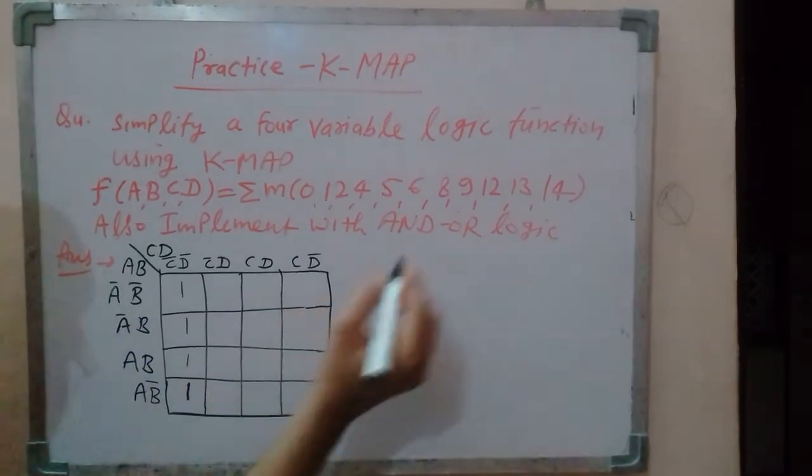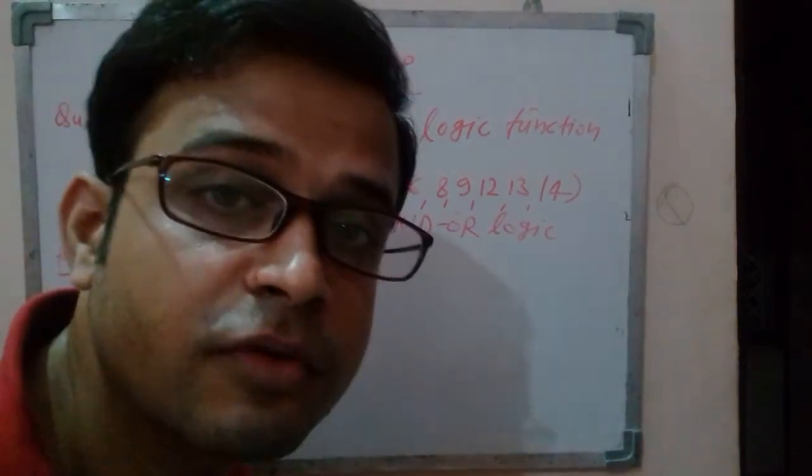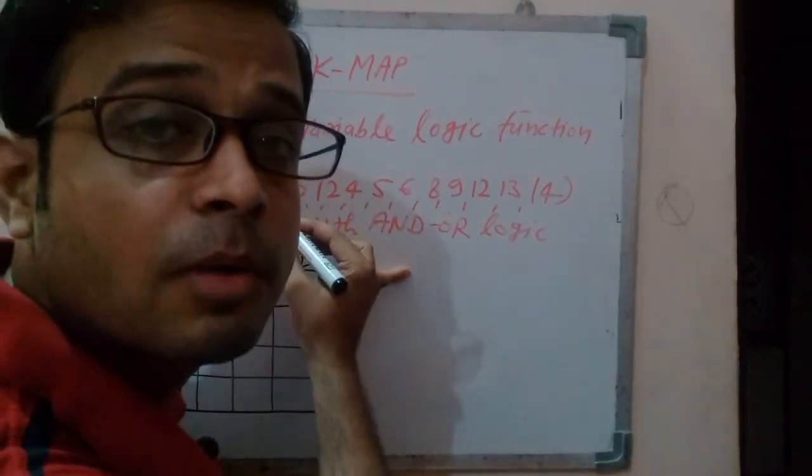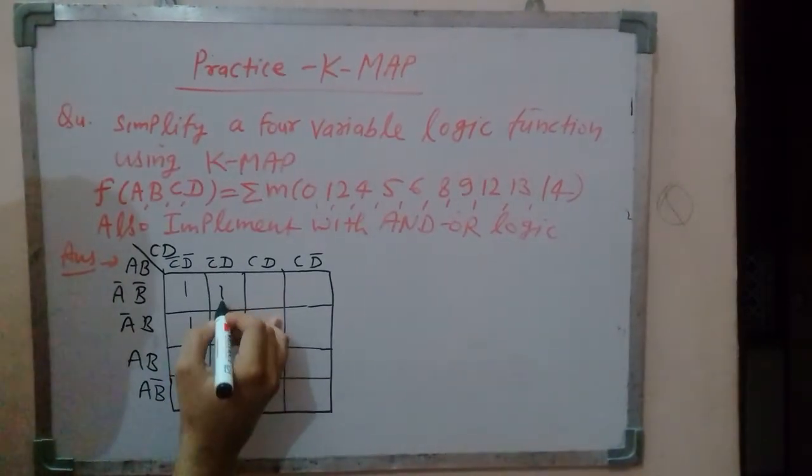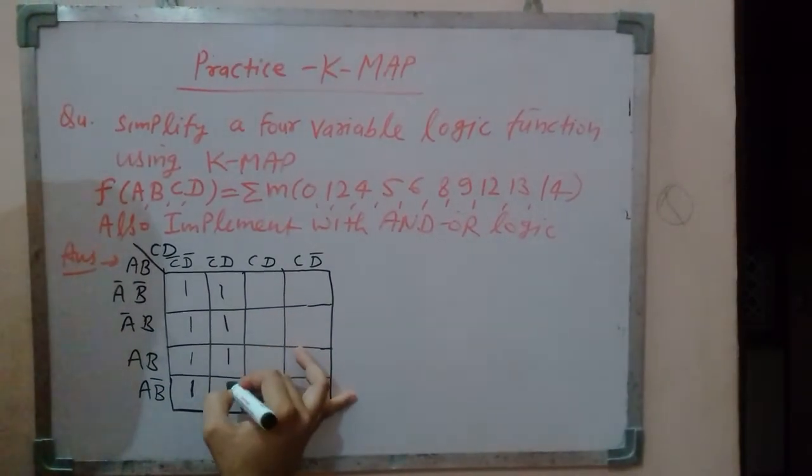Since it is sigma m, that means it is in sum of product form. Sigma m shows that this is in sum of product form and not the product of sum form, right? So 1 will be filled here instead of 0.